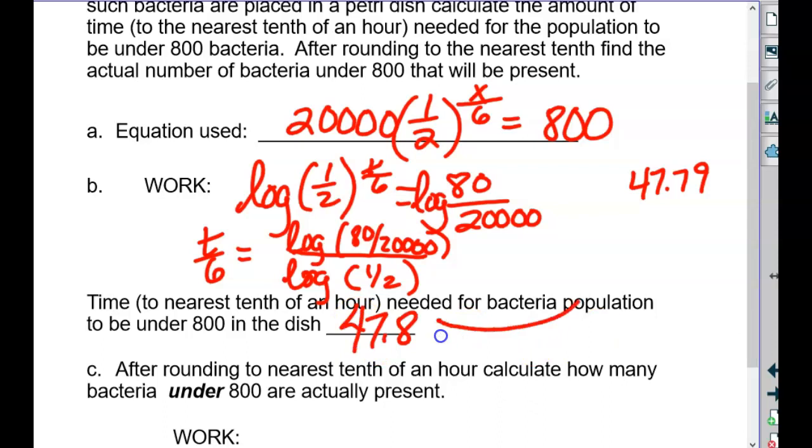Then if I put that number back in up here, 20,000 times 1/2 to the 47.8 divided by 6, I got 79.95. Wow. Did I type that right? That's a lot under 800.